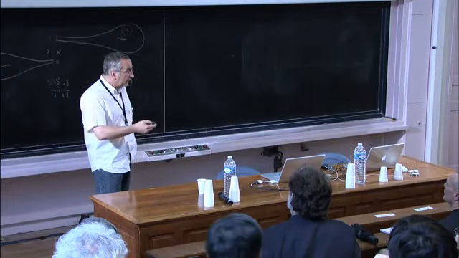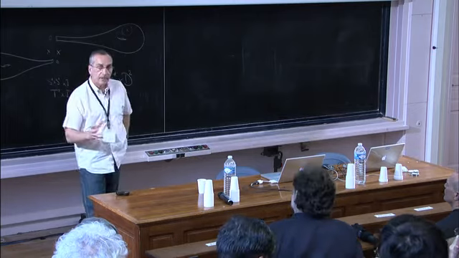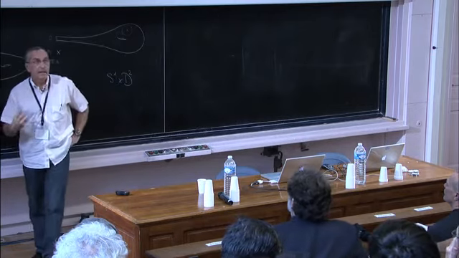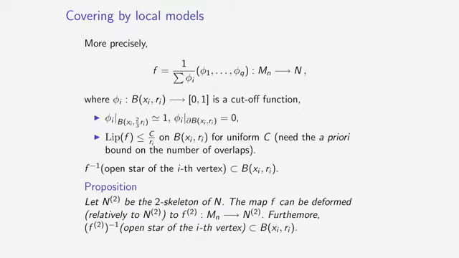Now the game, again following Gromov, is this very neat idea. If the volumes of the balls are very small, then you can deform this map, homotope it, into a map from the manifold M into the 2-skeleton.